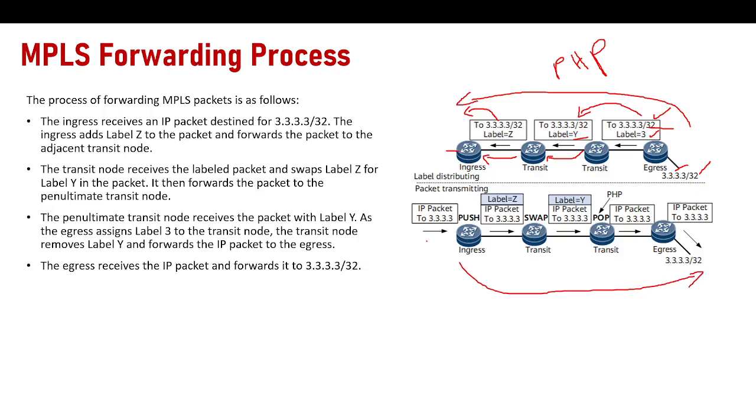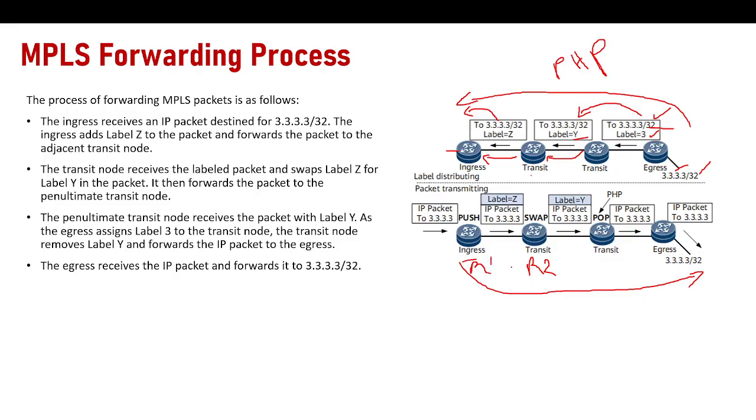So now we have a packet that is destined to 3.3.3.3. This packet is coming in on this egress router, and this router has a label. It got a label from, maybe I call it router 2, and this one I make router 1.